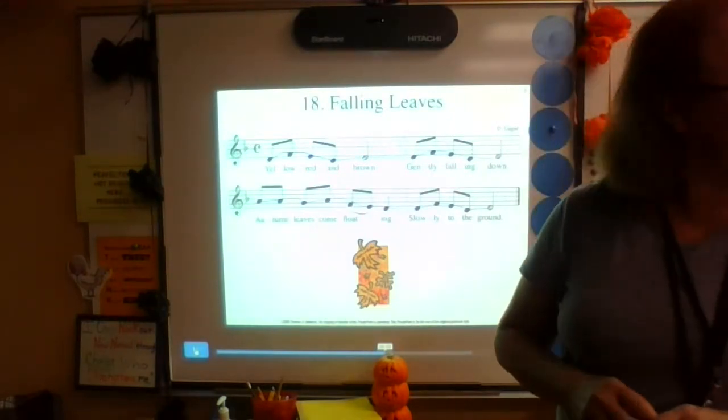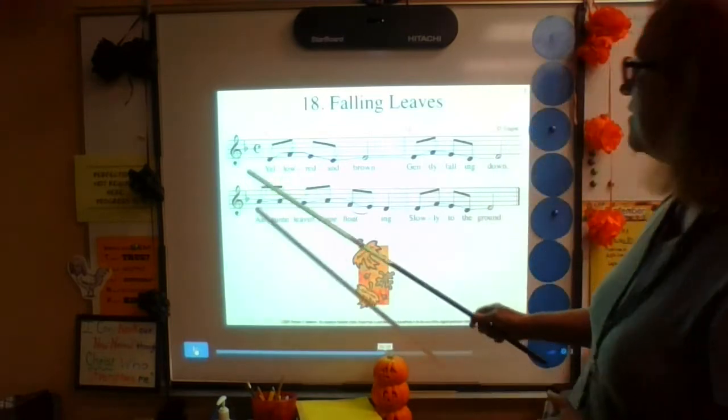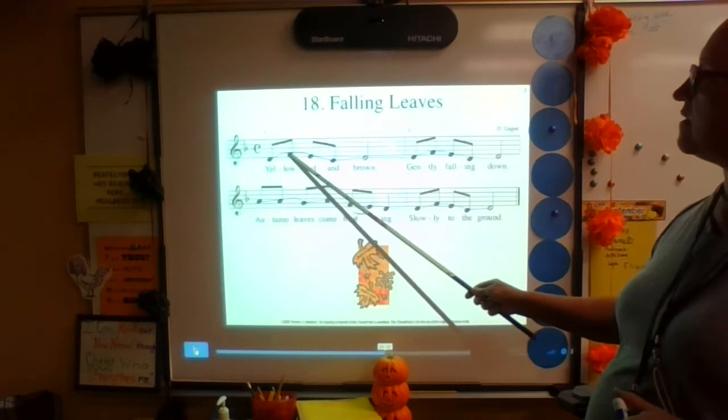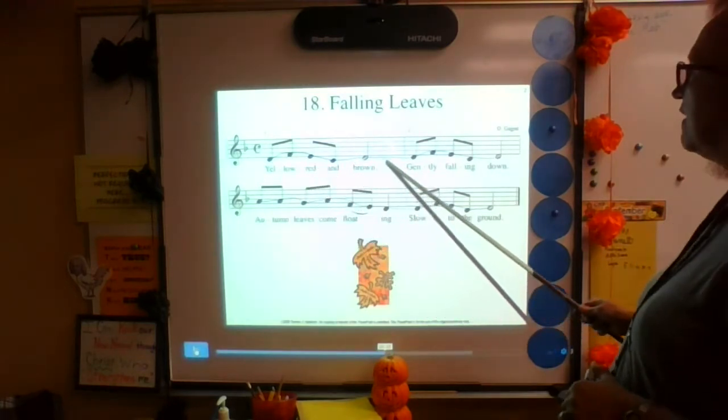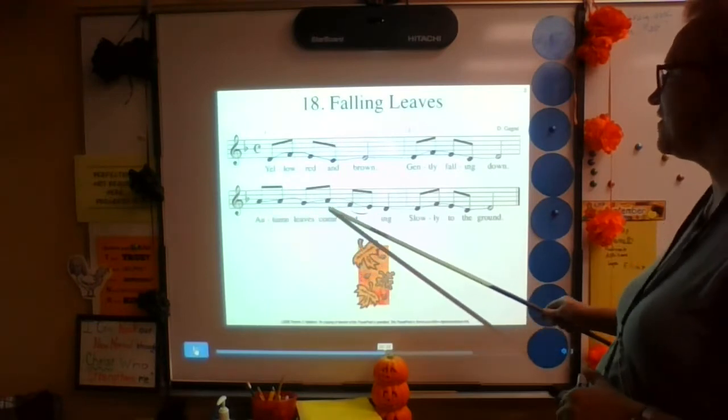It's kind of hard to see, but I'm going to turn off the screen so you can see this. I took my little marker and I connected all of these dots, these notes, and let's see what they look like when I turn the screen off. So hang on just a minute.